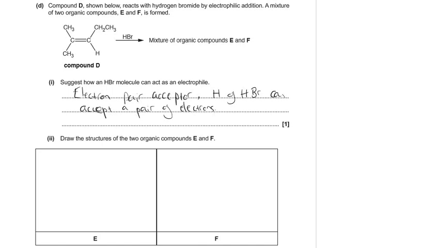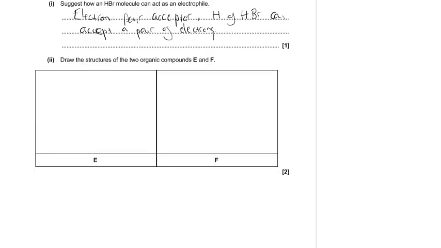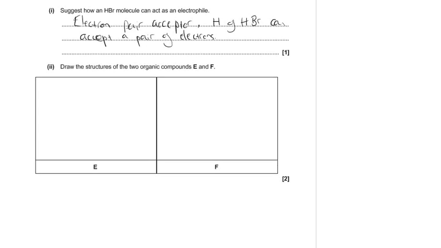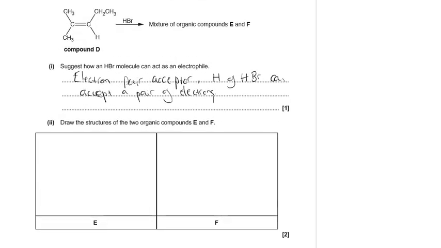So now, D part 2, it says draw the structures of the 2 organic compounds E and F. Now remember, we've got HBr, and this is going to add a H onto one of the carbons in that double bond and a bromine onto the other carbon in that double bond.